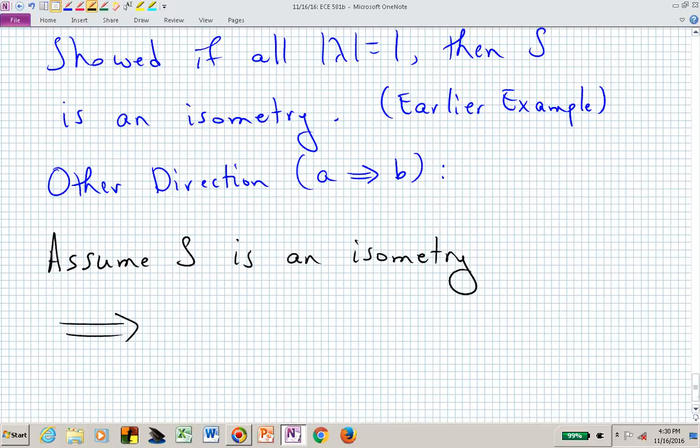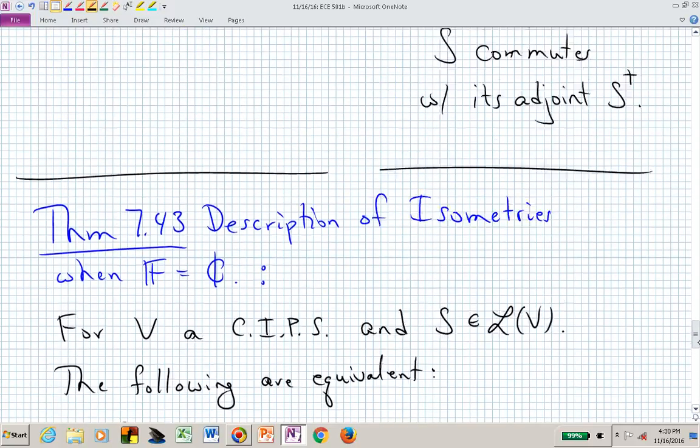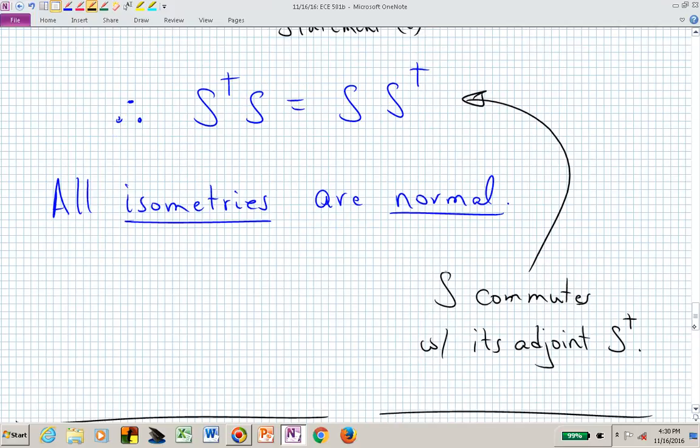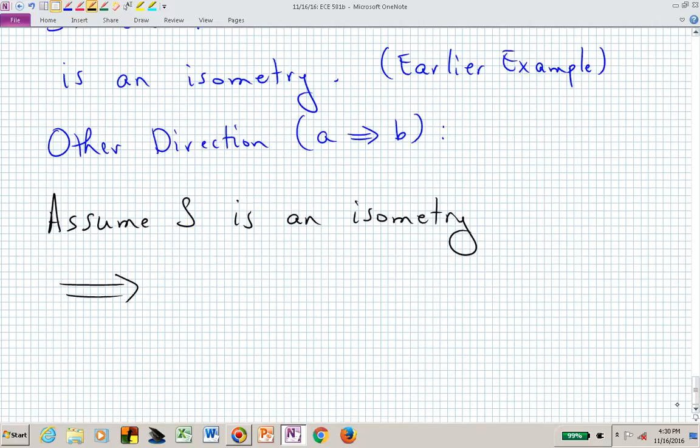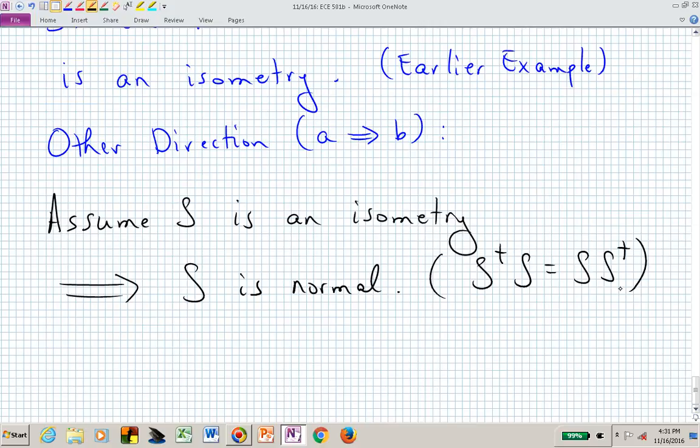And what did we just comment about an isometry? All isometries are normal. So let's see if we can use that in this step. S is normal. Which means that S dagger S is equal to S dagger.